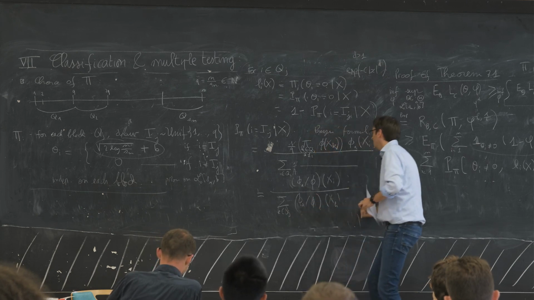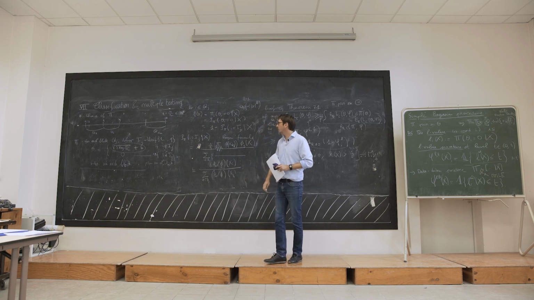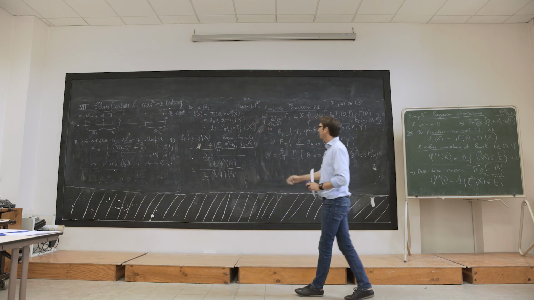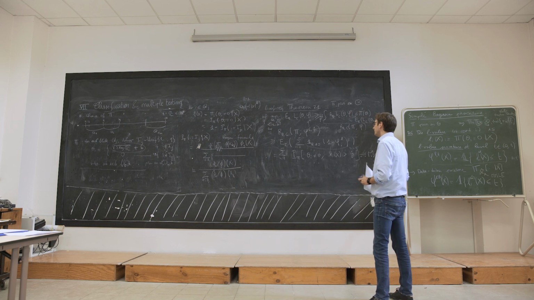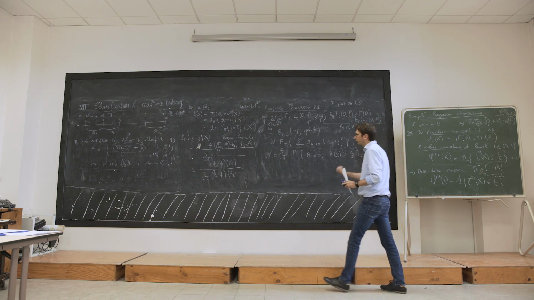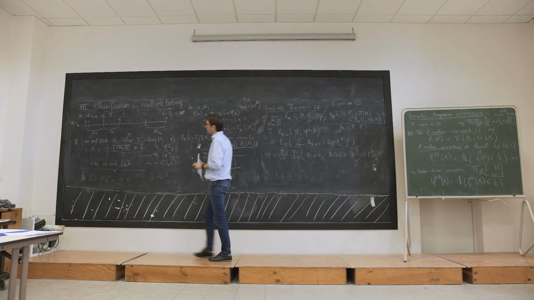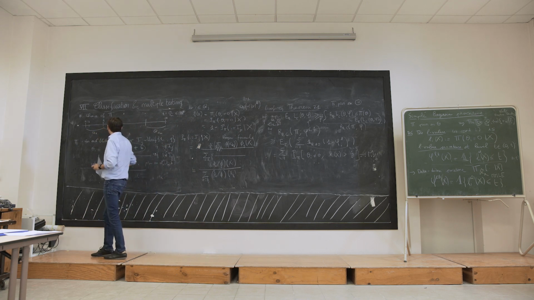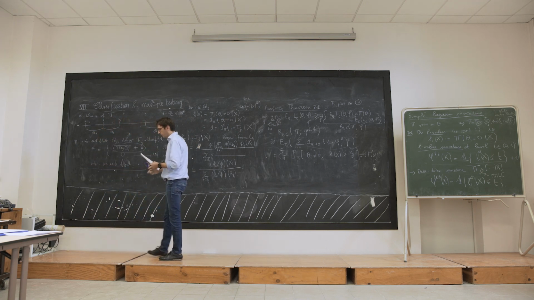And from there, maybe I'll say a word tomorrow about it, you can just write this down and come down to the difficulty of the problem just on one block, and that you will solve with the phi bar of b. Okay, so thank you very much.